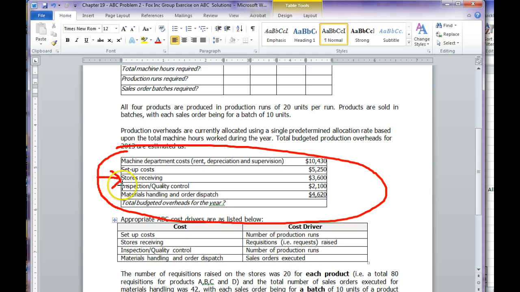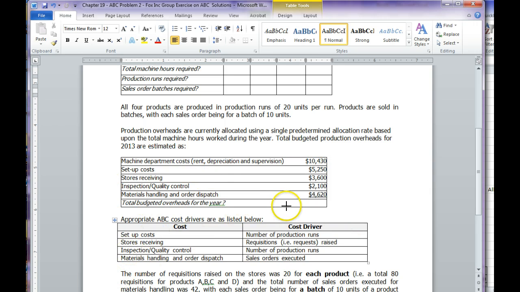Here it's a little bit easier. We know the machine department costs, so rent, depreciation, supervision. You can't really tie that dollar for dollar to a product, which is why it's indirect. You allocate it. Setup costs, same thing. Stores receiving, quality control, materials handling, and then all they want you to do is add this up, which we're going to do somewhere else in a second. But that's going to give you your total overhead cost.